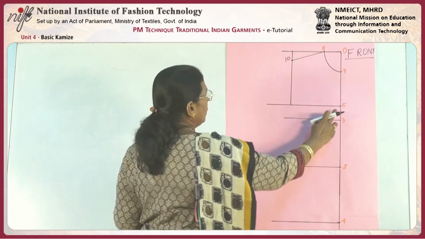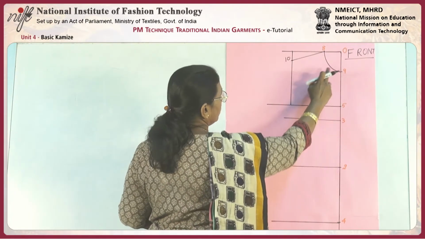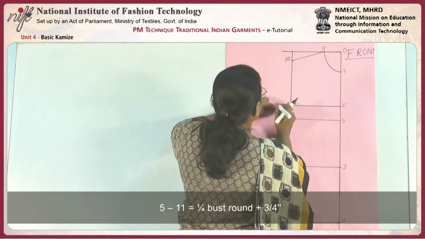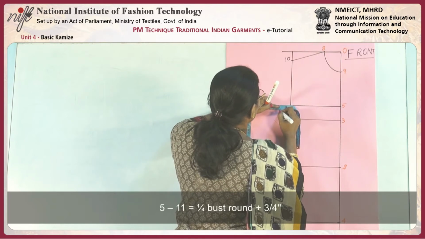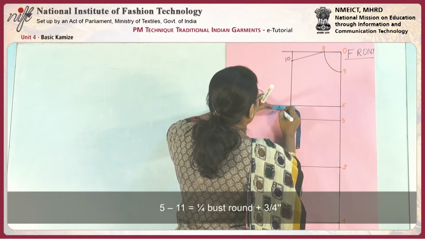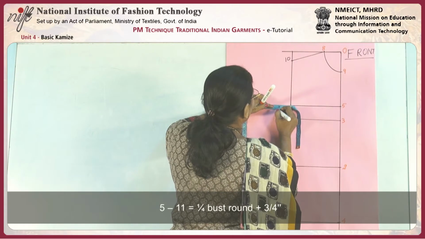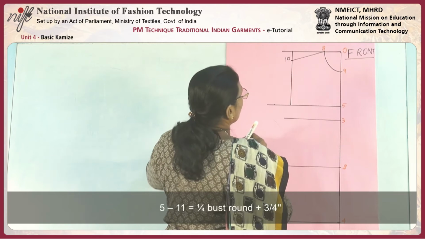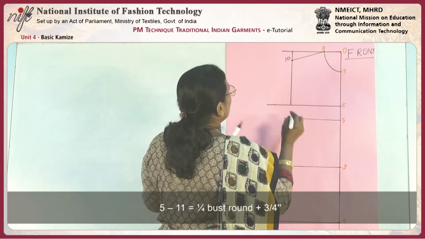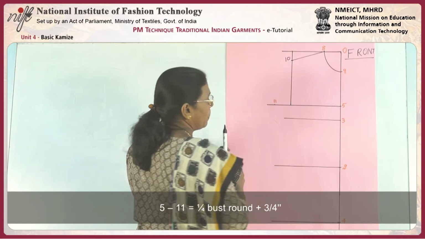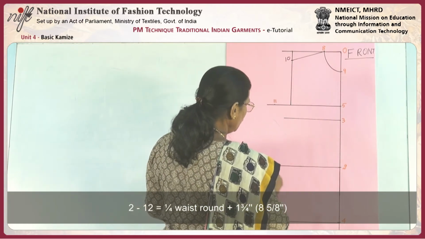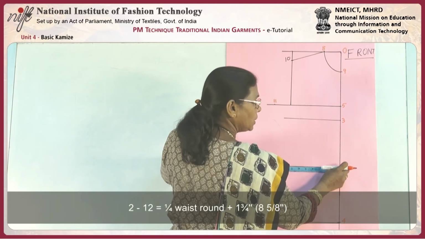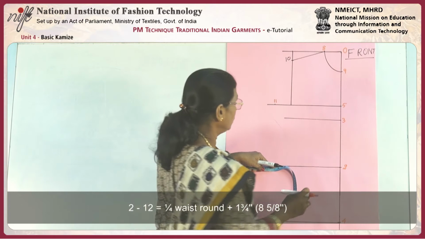Now 5 to 11, 8.65 plus 3/4 of an inch is 9.5. Mark 11. And 2 to 12 is 1/4 of the waist plus 1 3/4 inch.